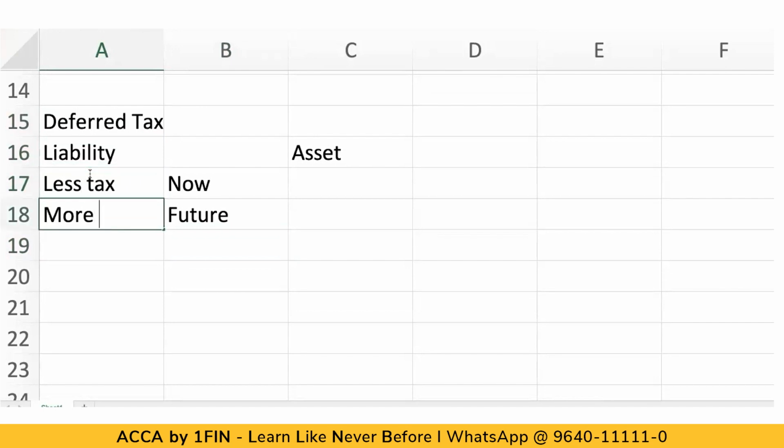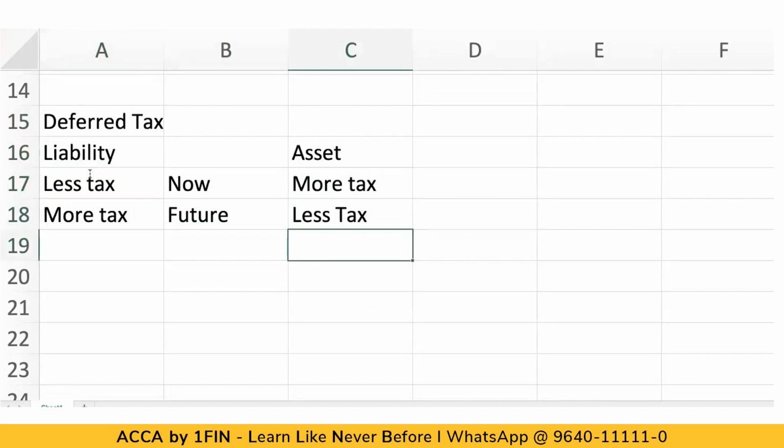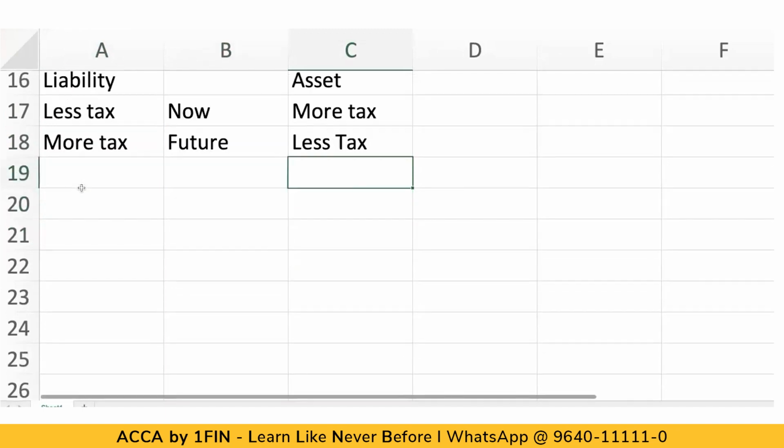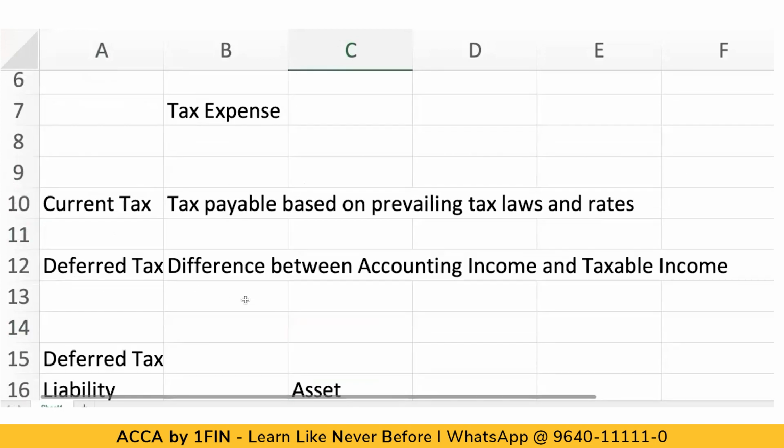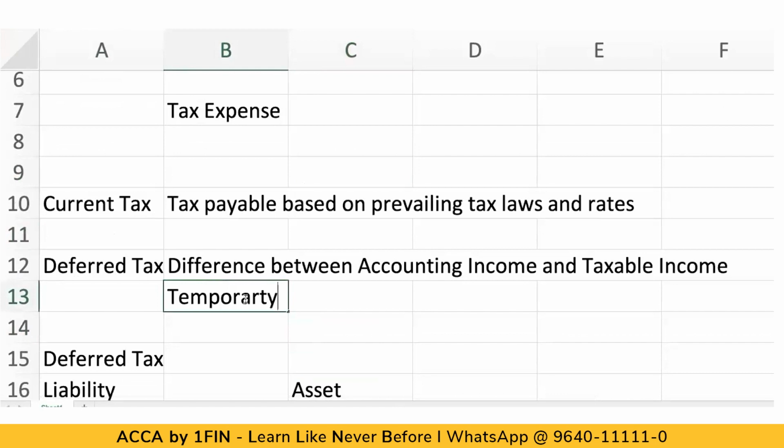In the future, you will pay more tax. Exactly the opposite happens in case of an asset. Now you will pay more tax. In the future, you will pay less tax. This is the framework for us to remember whether it will be a deferred tax liability or a deferred tax asset.